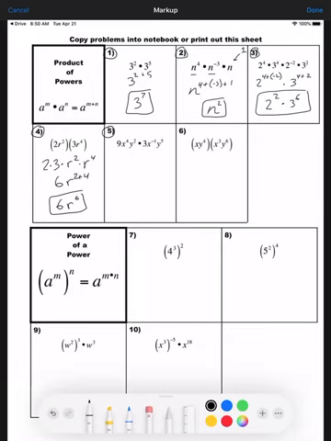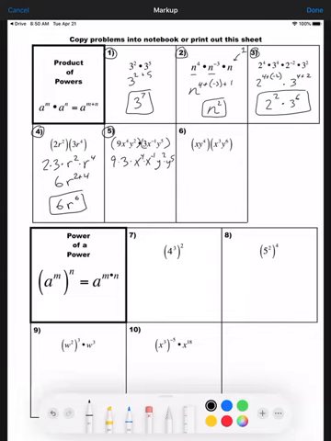Okay, for number 5, similar to the last one, again, there could have been parentheses here. You don't need these, but for example, if we put those there, it doesn't make any difference. Rearranging everything, 9 times 3, x to the 4th times x to the negative 1, y squared times y to the 5th.